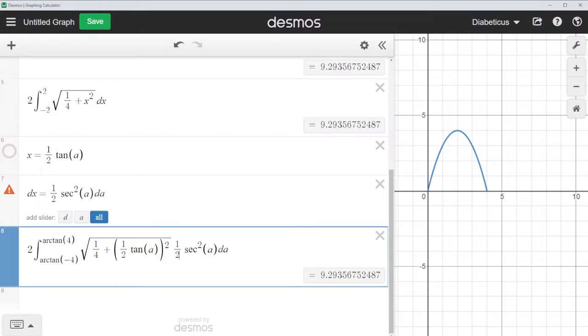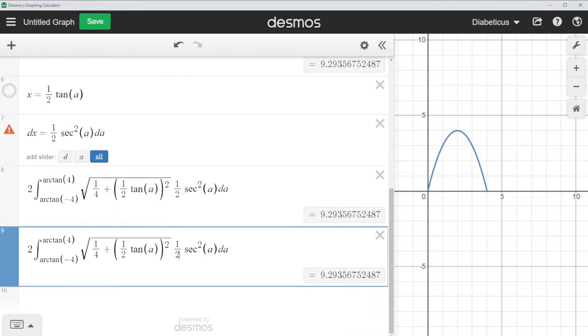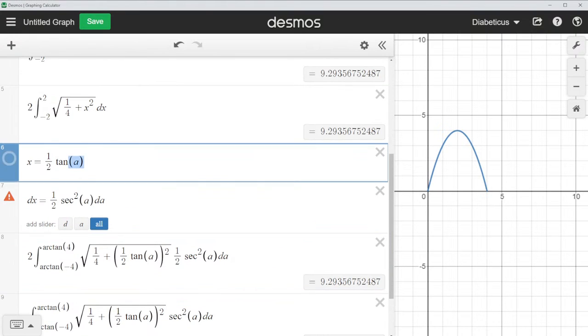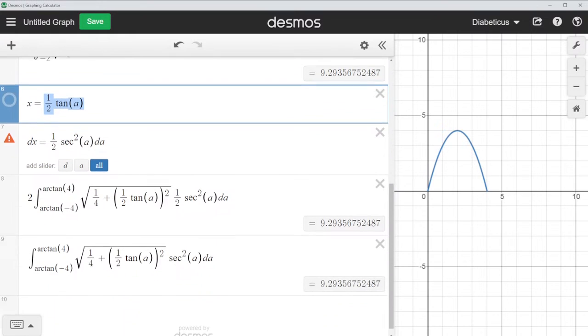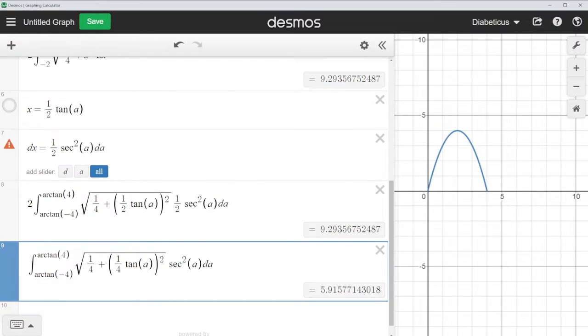Alright, let me do some simplifications here and there. And okay, this one here. The reason I put 1/2 tangent of a here is so that when I take the square of this, it's gonna be 1/4 tangent squared.